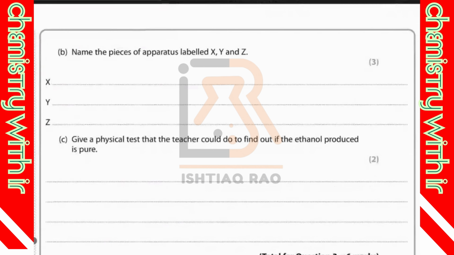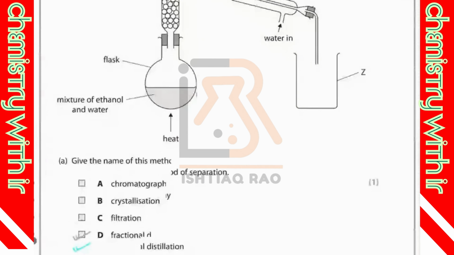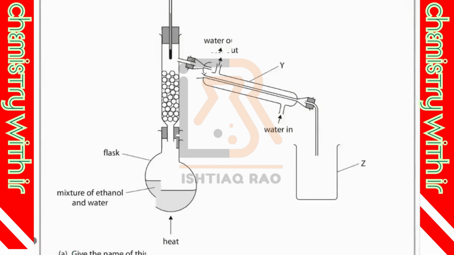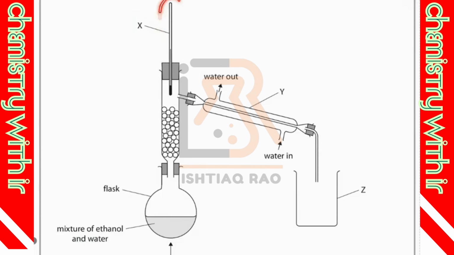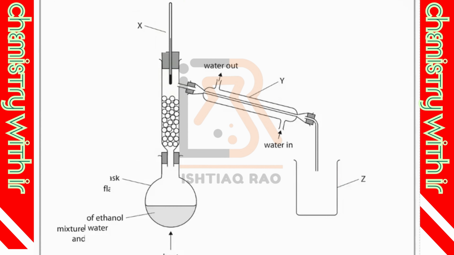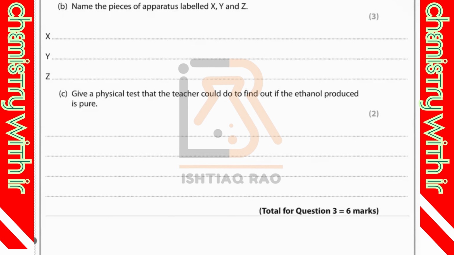So name the pieces of apparatus, label X, Y, and Z. X is thermometer and Y is condenser and Z is the beaker. So this is beaker, condenser, and this was the thermometer.